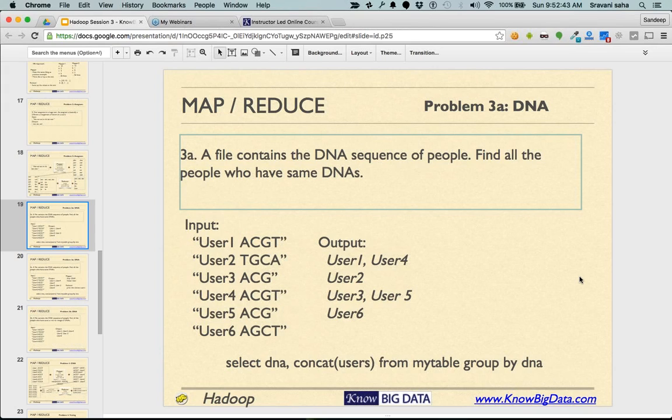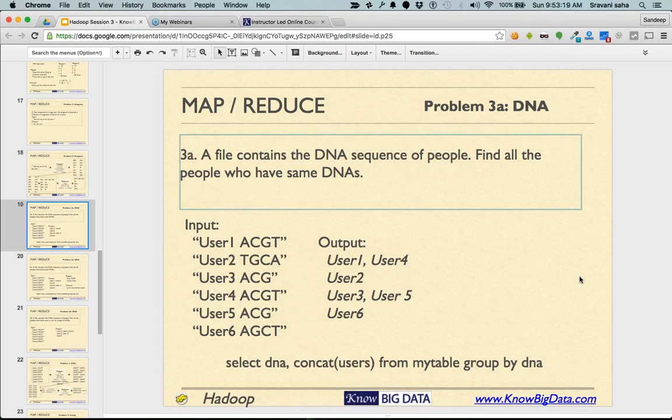In this format, you have a big file containing people's DNA and their ID, name and the DNA, and the objective of the exercise is to bring all the people together whose DNA is identical. So in this case, user 1 and user 4 both have the DNA ACGT, and user 3 and user 5 both have the DNA ACG.